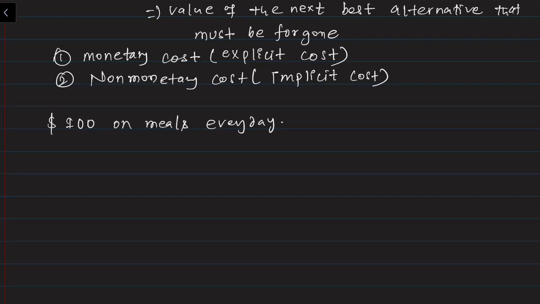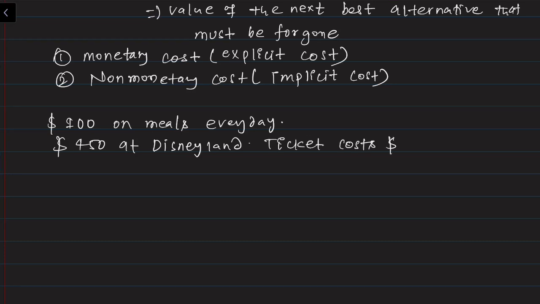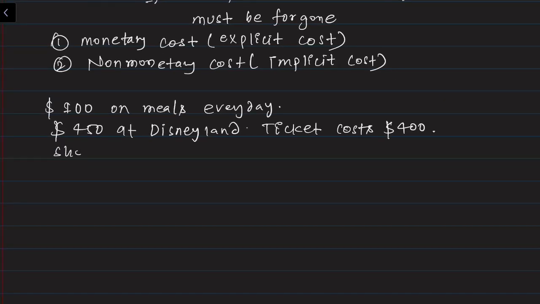Now there is an opportunity for you to pick up a check of $450 at Disneyland, and the ticket to Disneyland costs you $400. So now the question is, should you pick up the check?